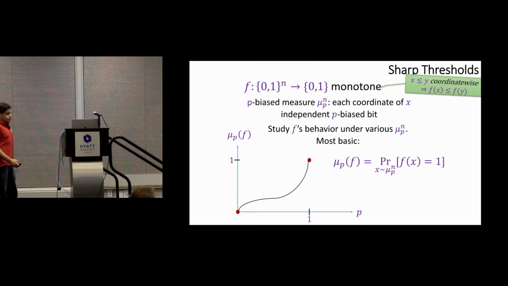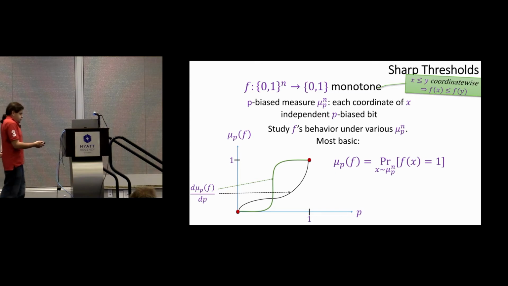But what is sharp thresholds all about? Sharp thresholds is about distinguishing this type of behavior and this green type of curve, meaning whether the increase from the 0 point to the 1 point is done in a very short interval or somewhere very wide. The way to distinguish between these two curves is to look at the derivative of this function with respect to p.